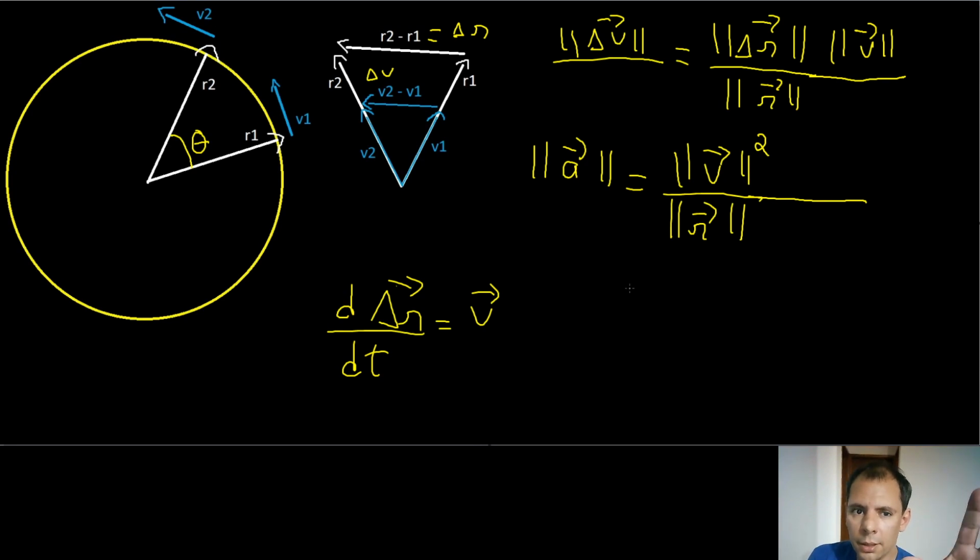But really, what you gotta learn from this video is that centripetal acceleration, we put a subscript c alongside the a, equals the linear velocity squared divided by the radius in uniform circular motion. And that's it.